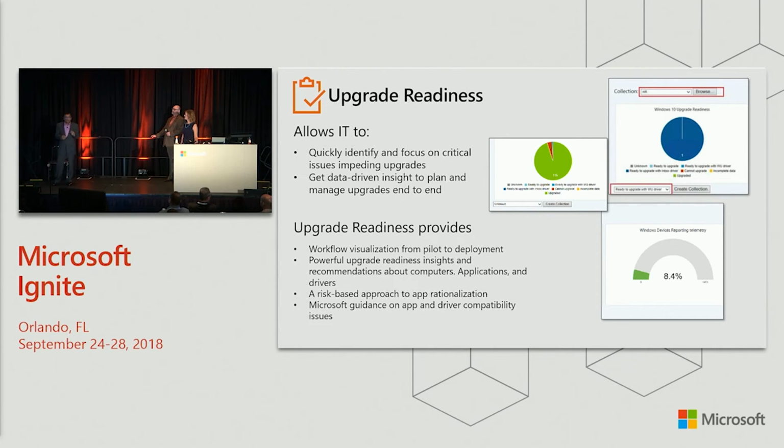Right? With upgrade readiness, it's a 3-step process. You push out the compatibility updates needed to generate the information out of your target devices, and then you start analyzing the data. Specifically, when it comes to applications, you first get a snapshot of your applications, and then you start analyzing them.